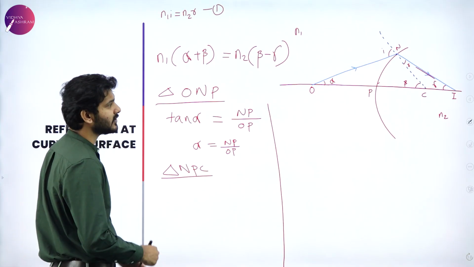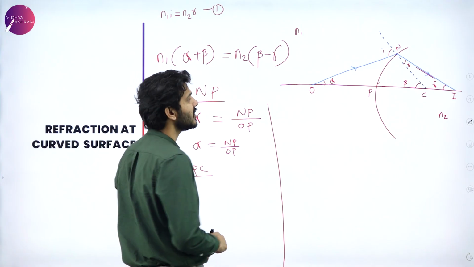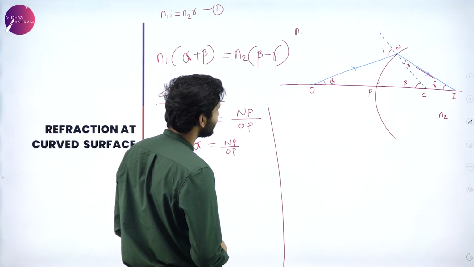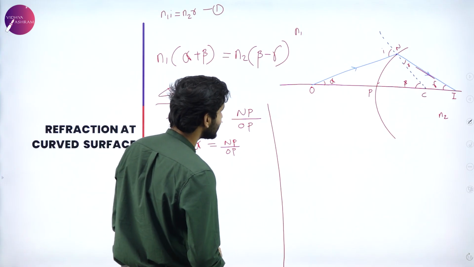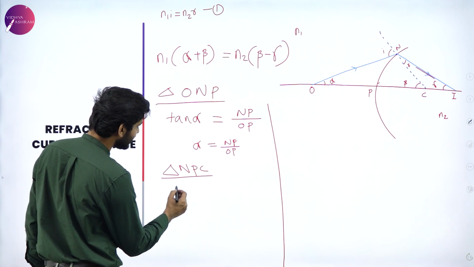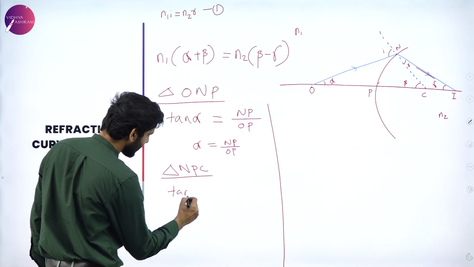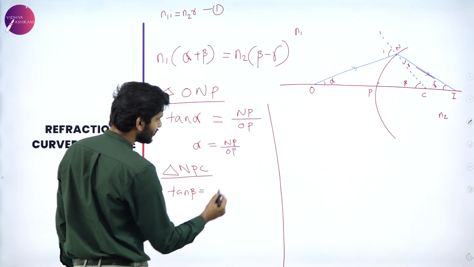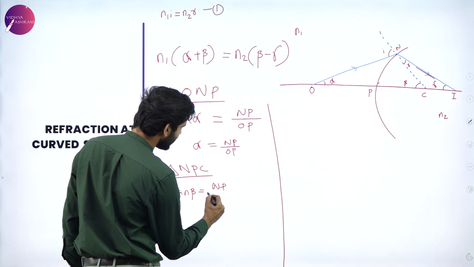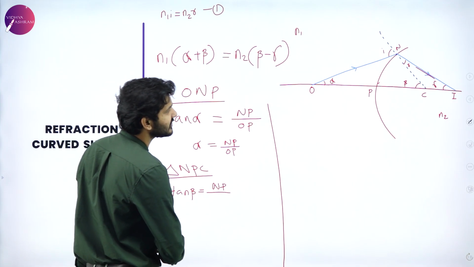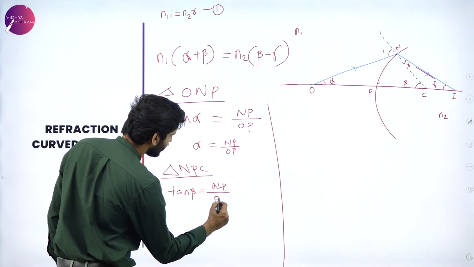From triangle NPC, I can define beta. Tan beta is equal to the opposite side, which is NP, divided by the adjacent side, which is nothing but PC.